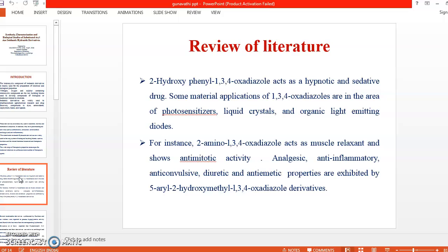For instance, 2-amino-1,3,4-oxadiazole acts as a muscle relaxant and shows antimitotic activity, and also analgesic, anti-inflammatory, anticonvulsive, diuretic and antiemetic properties are exhibited by 5-aryl 2-hydroxymethyl 1,3,4-oxadiazole derivatives.